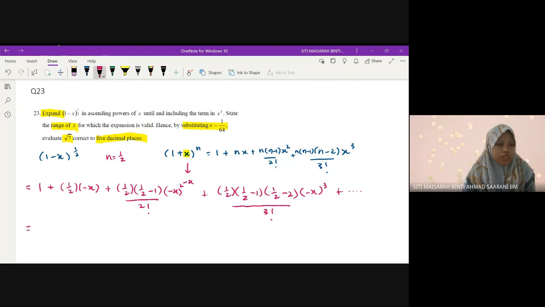Then you need to simplify. The first term should be 1. The second term becomes minus 1/2 x.